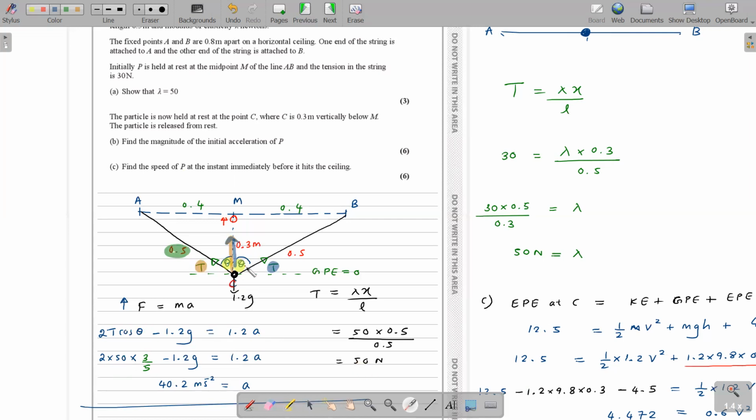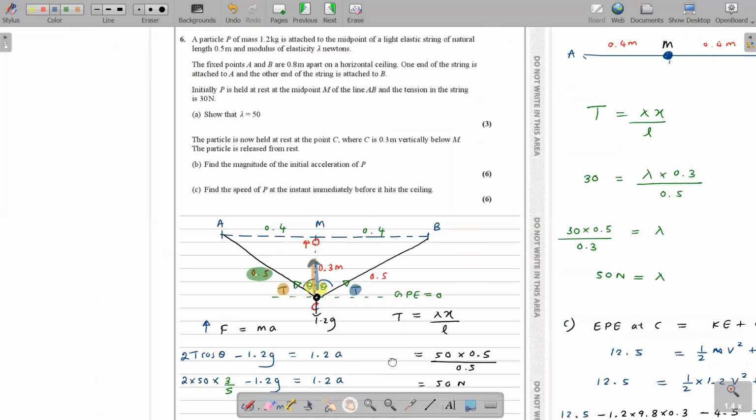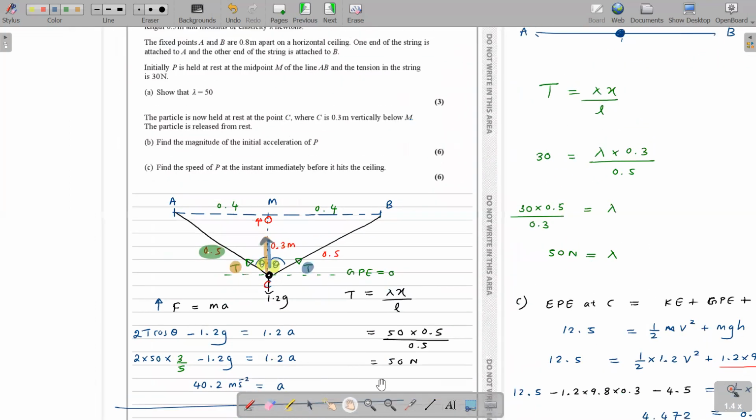And cos theta, guys, you can easily find, because you know all three lengths. Cos is adjacent over hypotenuse: 0.3 over the hypotenuse 0.5. Basic O-level trigonometry, right? Cos theta is adjacent over hypotenuse, 0.3 over 0.5, which gives you 3 over 5 here.